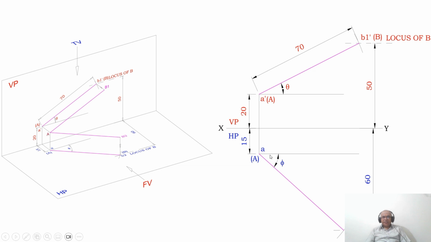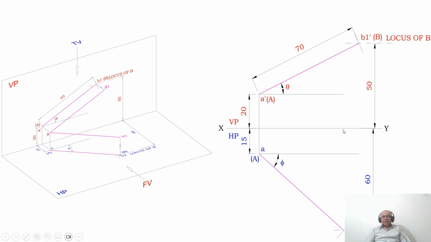In front of VP is seen in HP. Therefore, you draw a line parallel to the XY line in the top view. And consider any point from there, from A dash, that is 20 mm above the HP line. From there you draw a vertical line and you mark this point as top view point A and capital A in bracket, front view point A dash and capital A in bracket.